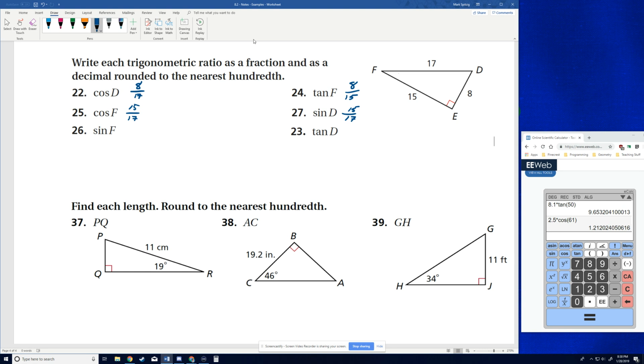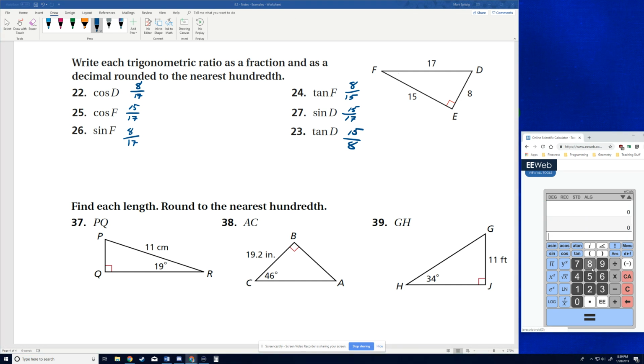The cosine of one of those acute angles is going to be the sine of the other, and so the sine of one is going to be the cosine of the other. So without really getting it, I can know that it's 8 over 17 because it's the same as this one. But if I looked at it, sine of F is opposite 8 over hypotenuse 17. And then tan D we know is going to be the reciprocal of tan F, the other angle there. So it's going to be 15 over 8, but just to double check, here's our angle D. Opposite is 15, adjacent is 8. So we're good there. And again, we can go back and do all these decimals here.